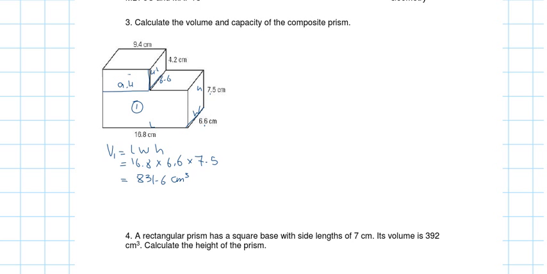So the volume of the second prism is 9.4 times 6.6 times 4.2, and that's 260.6 centimeter cube.